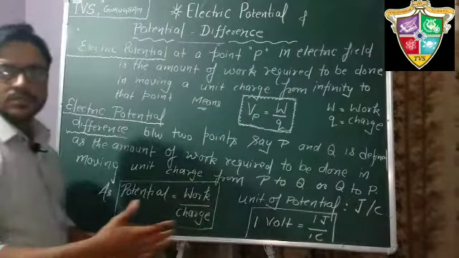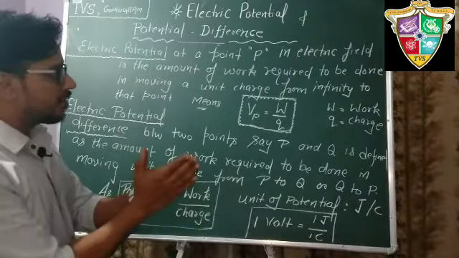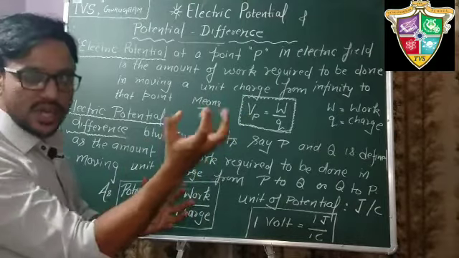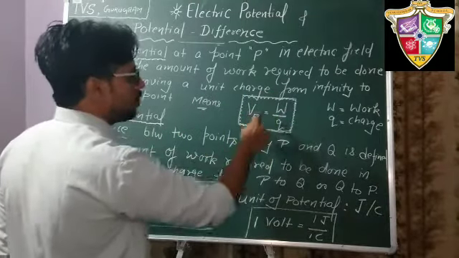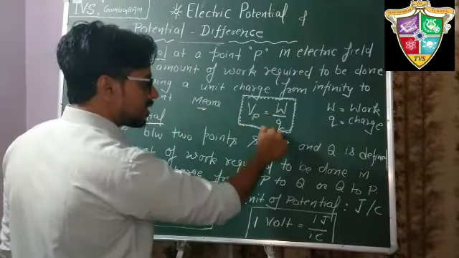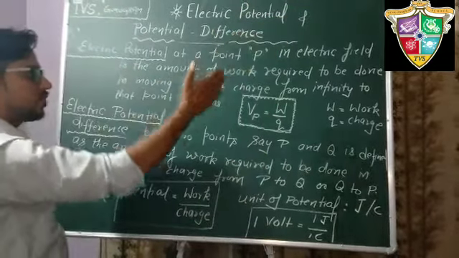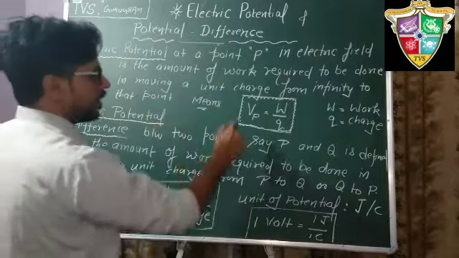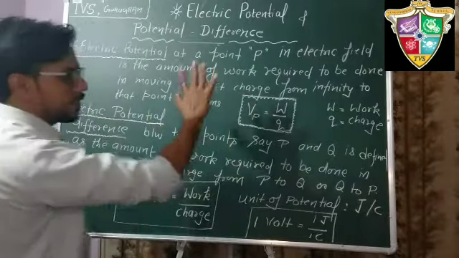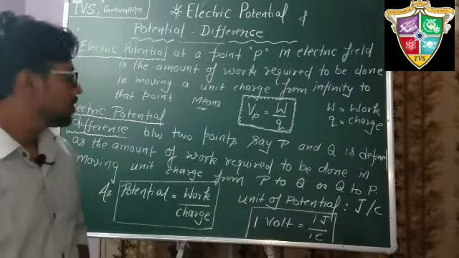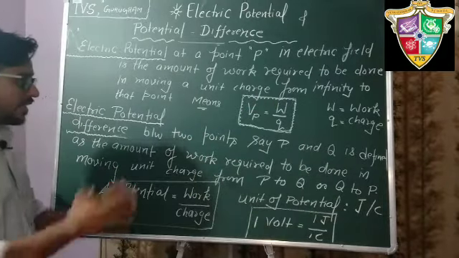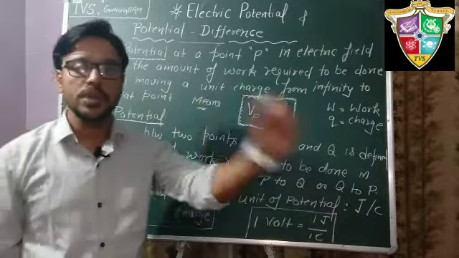We have to do some work, no? If we wish to move a charge, say charge is Q, then how much work we have to do in moving the charge from infinite distance to that point P is known as potential of that point. So potential is work upon charge, students, and this is the potential of a particular point.